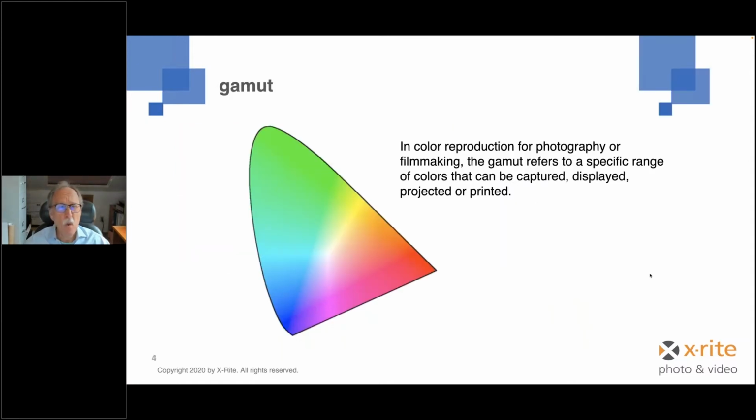So first of all, what is this all about? When we think about color, it's really wavelengths in the visible spectrum. Everything that you can see falls between 400 nanometers and 700 nanometers, between ultraviolet and infrared.